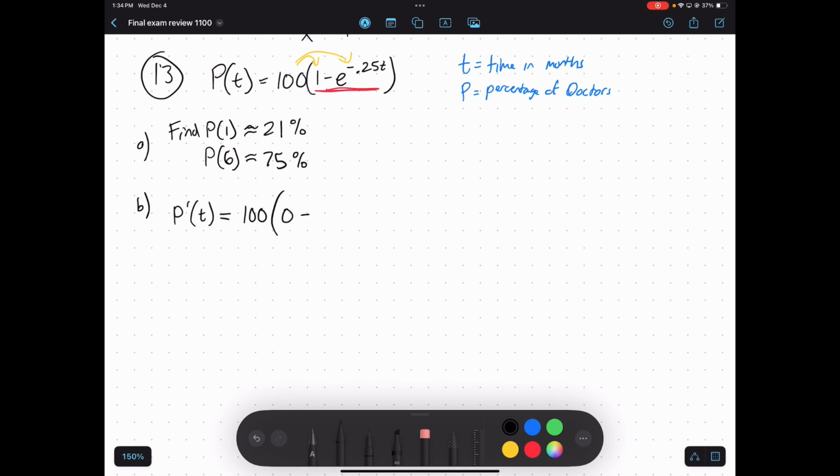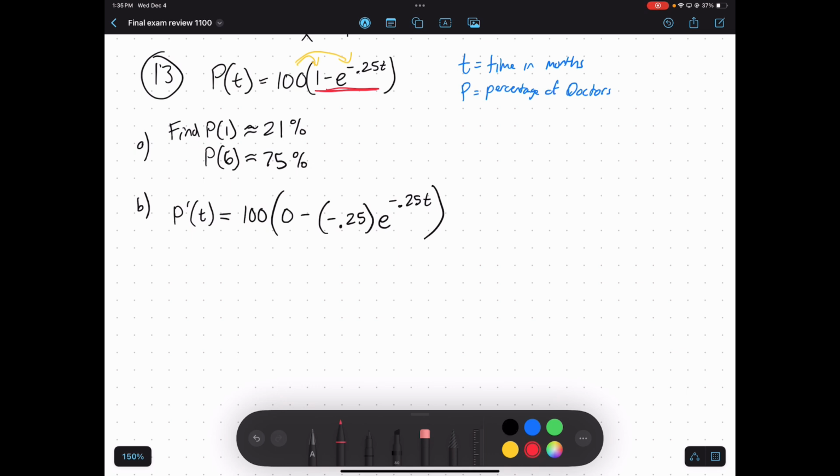Riley? Multiply the constant in front of the e by the constant in the exponent, and then leave everything else the same? Right, leave everything the same, but then multiply by whatever constant's up there in the exponent. So I'm going to multiply this by negative 0.25, and then leave everything else the exact same.